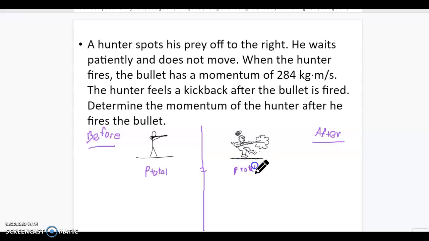But when we say total momentum, it has to be the momentum for each object. In our objects, we are talking about the momentum of the hunter. Oops, if I can spell. Hunter. And the momentum of the bullet.